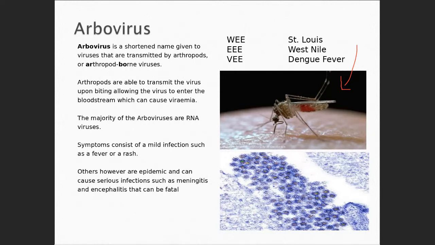So 55 plus. Those are the demographics that are most susceptible to having really negative outcomes associated with arboviruses, right? So these are all forms of viruses that cause encephalitis, meningitis, and this is the one that we worry about the most, right?